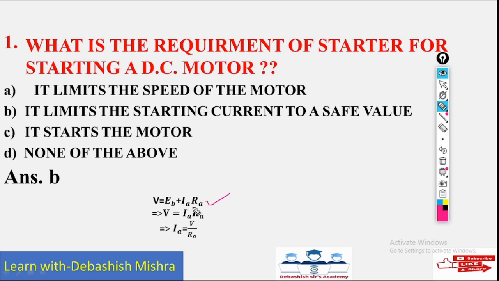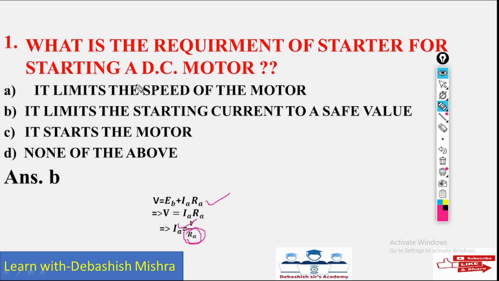What is the requirement of a starter for starting a DC motor? At starting, there will be no EB, no back EMF. So V = IA RA, because at starting there is no EB. So IA = V/RA. We know normally armature resistance is very low, so armature current is very high.